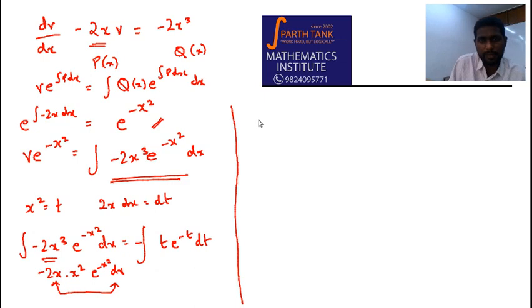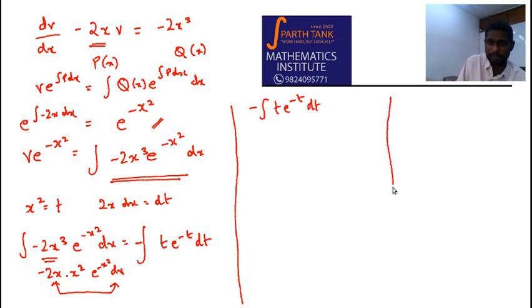How to integrate this? Integration by parts. It's all simple integrations, but it is taking a lot of time because there are many steps. So let us see, minus t e power minus t. So now again this uv form, this is u, this is dv. So v is e power minus t by minus 1, which is minus e power minus t. U is t.